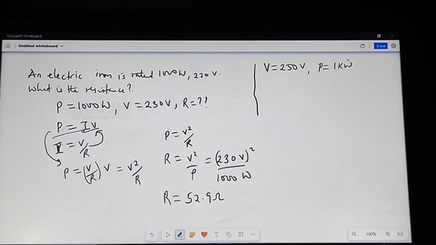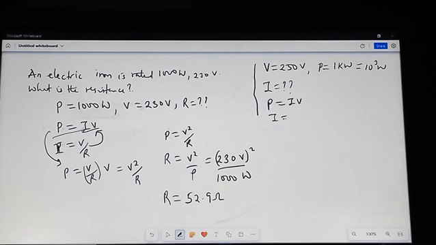And 1 kilowatt is equivalent to 10 raised to power 3 watts, which is 1000 watts. You are asked to find the fuse rating. So we are looking for the current I. Again, we say P is what? IV.